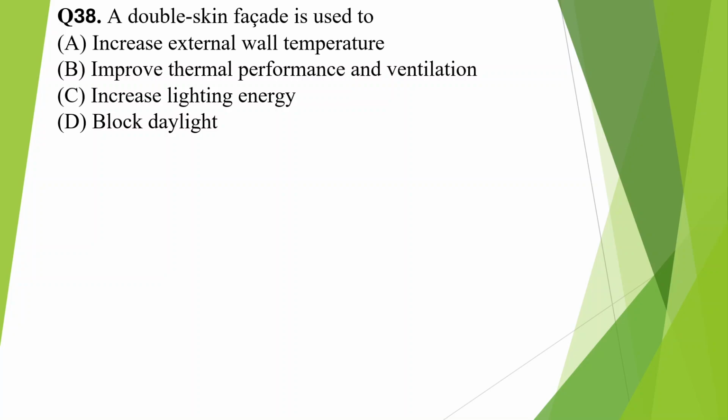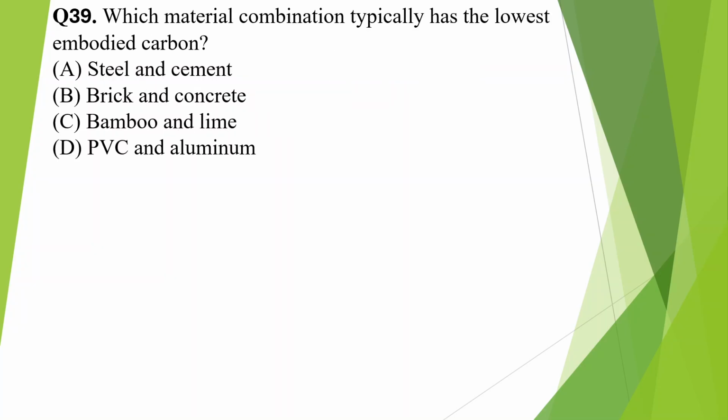It's option B. This double skin facade is used to improve the thermal performance and ventilation, that have been marked by most of you correctly.